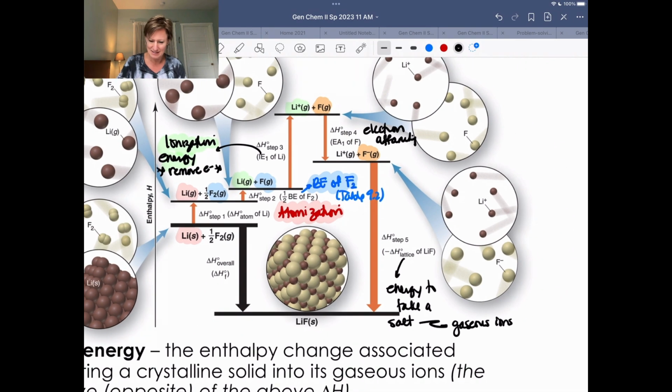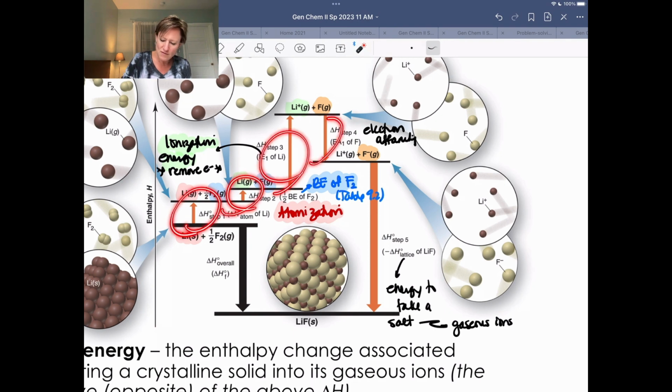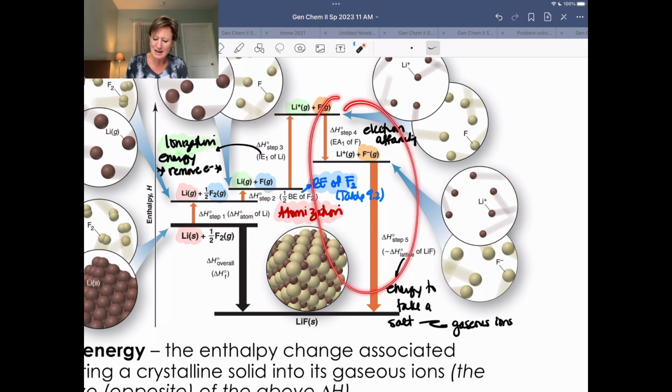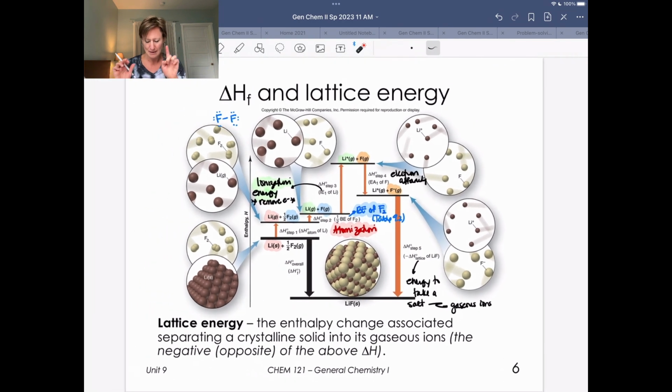But the idea is, with this problem, if we knew all 5 of these orange arrows, 3 of them being costs, 2 of them being gains, the net sum of those would give us what the overall energy would be for this process of taking solid lithium metal, combining it with fluorine gas, and generating lithium fluoride. Okay, so that was a long review for that sort of process.